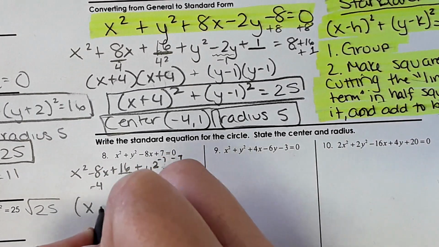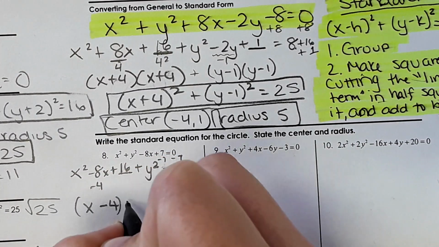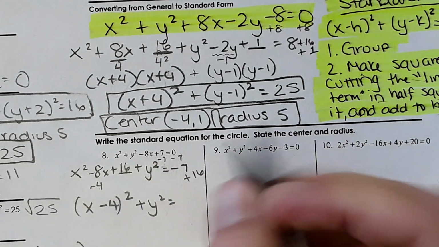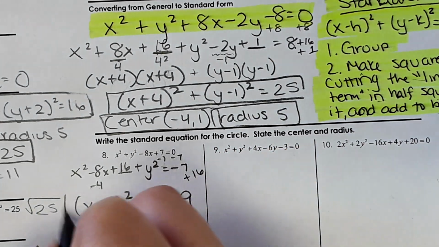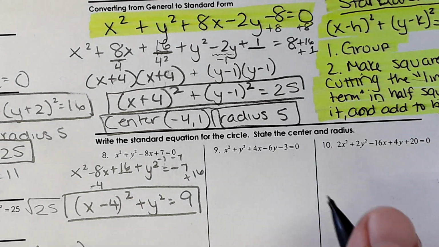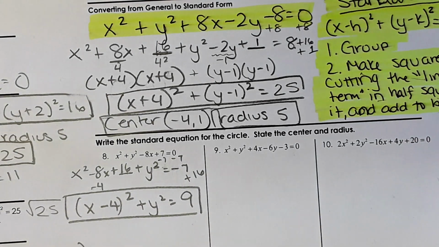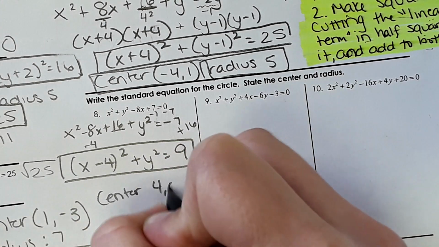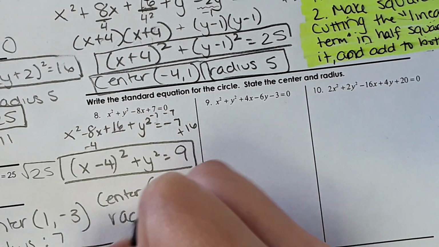Then x minus 4 squared plus y squared equals 9. Then the center would be 4, 0, radius 3.